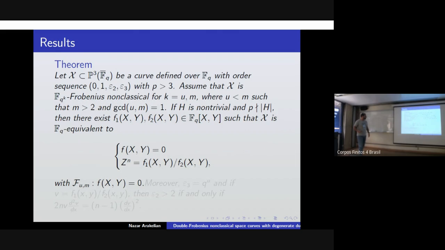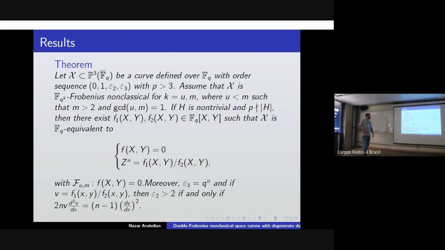This is the first polynomial defining the Borges curve, and you have z to the n equals a rational function in the function field of the Borges curve. So, roughly speaking, it's a Kummer extension of the Borges curve. Moreover, we already know that epsilon 3 equals q to the u.